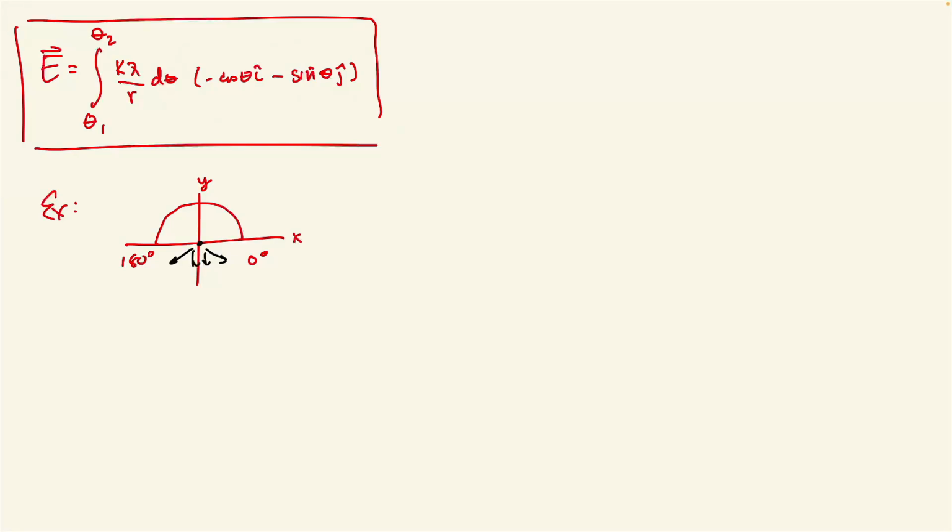So, our argument is going to be by symmetry. All of the x components will add up to 0. So that means that the electric field at the origin here is going to be k lambda over r, integral from 0 to 180 degrees of negative sine theta d theta j hat.